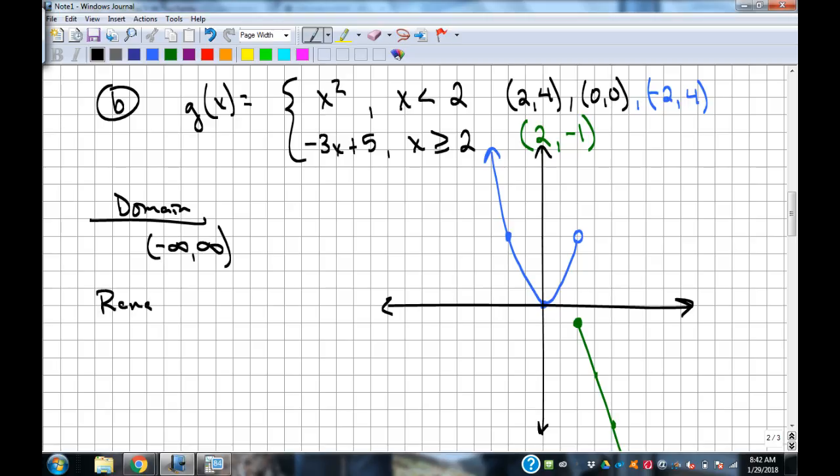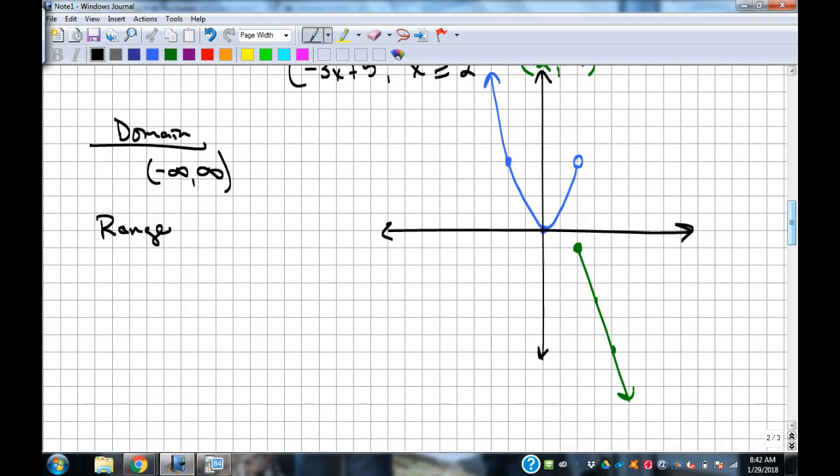Range. Reading it from bottom to top, remember? So the green one's on the bottom here, so that's pointing down. So we're starting at where? Negative infinity, and it stops right here. At what y value? Does the blue one pick up the -1 y value? No. So we're stopping at -1. Is -1 included or not?